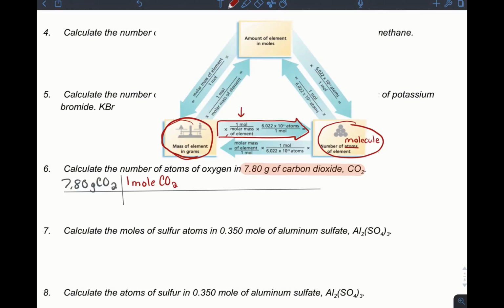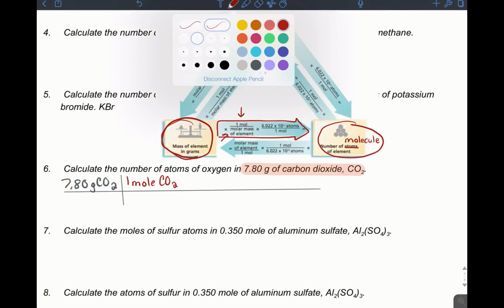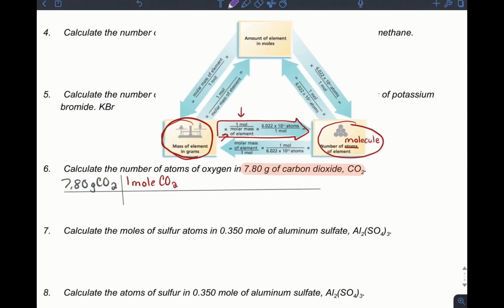We need to get the molar mass. That would be from our periodic table. So carbon dioxide, you have 1 carbon, that's 12.01. You have 2 oxygen, each one of those is 16.